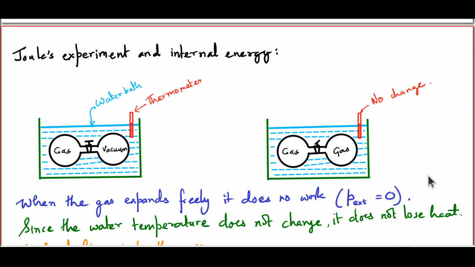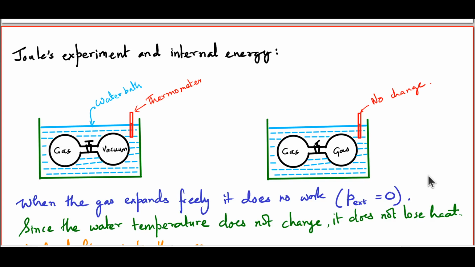Here the gas is expanding freely. There is no force to hold it back. So even though its volume is increasing, it does not really have to do any work. Note that here PdV is not a valid thing to use if you think of P as the pressure of the gas.